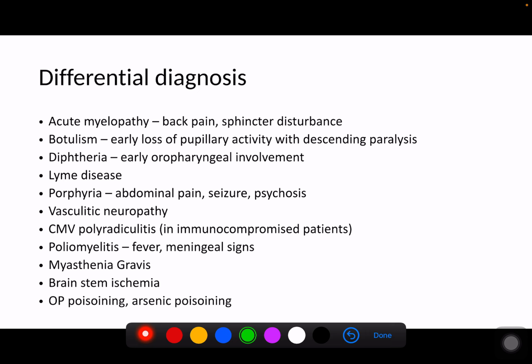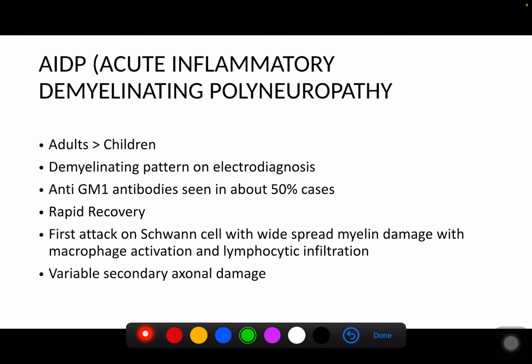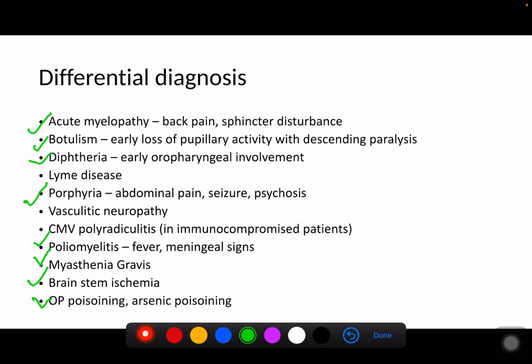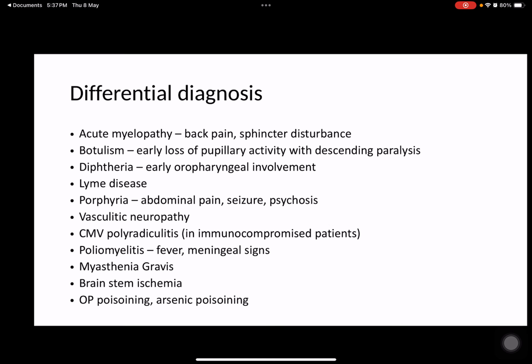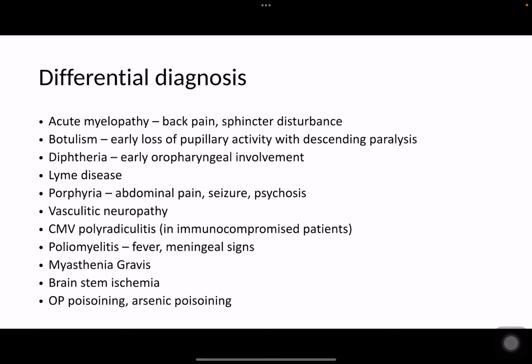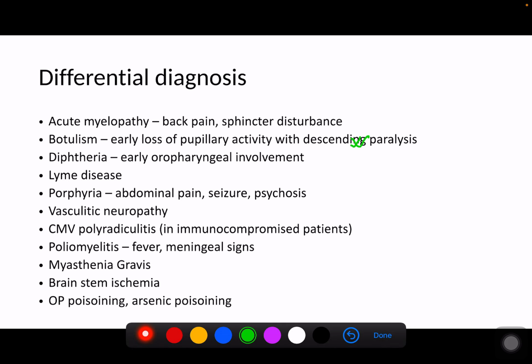You can remember diphtheria, tetanus, botulism, acute myelopathy, porphyria, poliomyelitis, myasthenia gravis, OP poisoning, brainstem ischemia. I think you will not forget botulinum, the most important being botulinum.